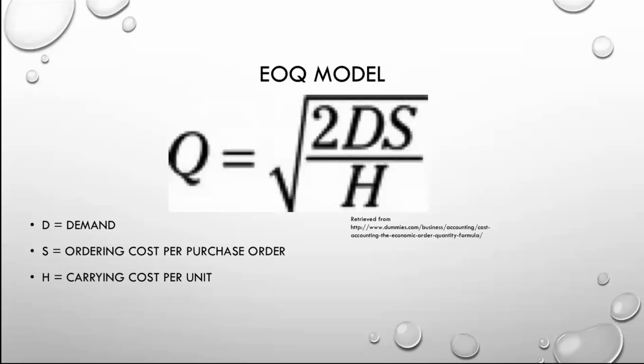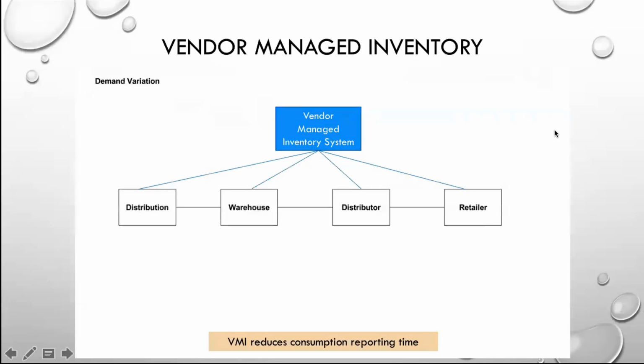So now the last thing I'm going to cover is VMI. VMI stands for Vendor Managed Inventory. This is something that has become very popular with the advent of computer systems and ERP, enterprise resource planning systems.